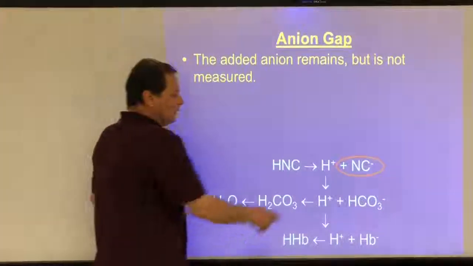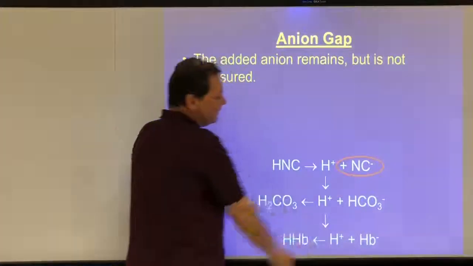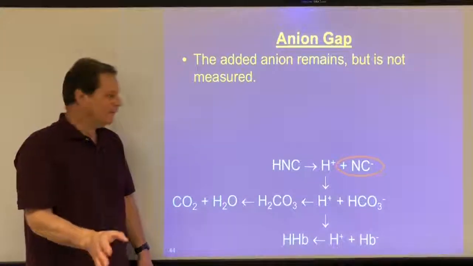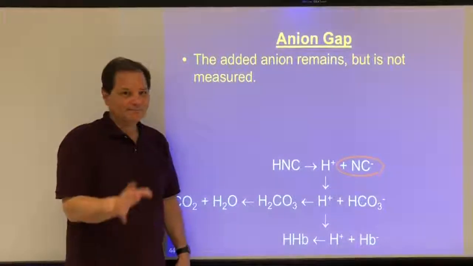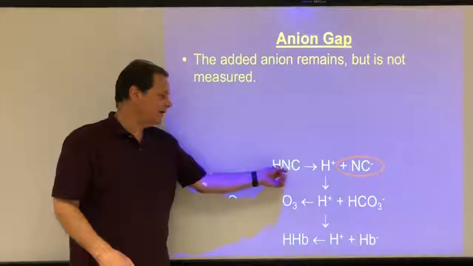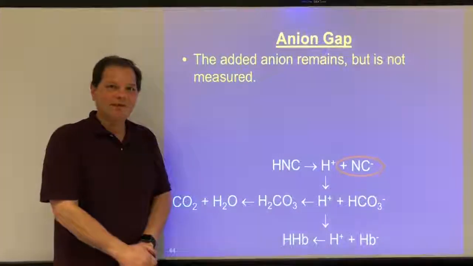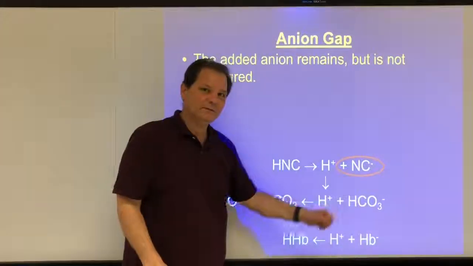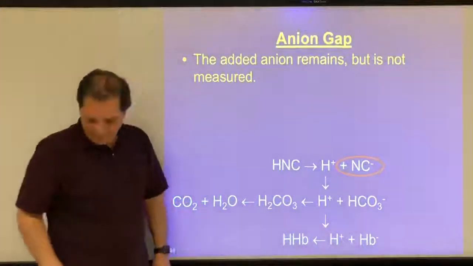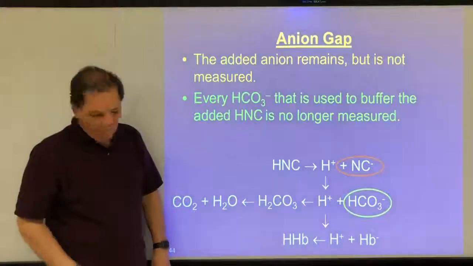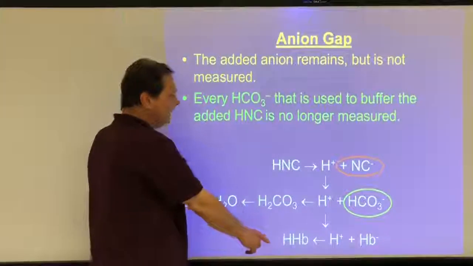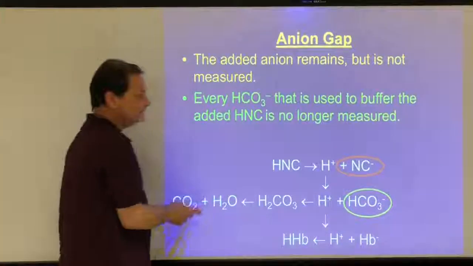So, this is an unmeasured anion. Generally speaking, that's true, unless it's chloride. So this could be lactate, which we've increased. At the same time, we have taken an anion that we are measuring, bicarb, and we've decreased it.